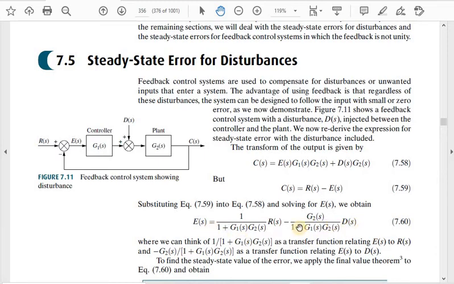So we get this. The basic idea here is you just push this to the output and push all things back into the feedback loop.